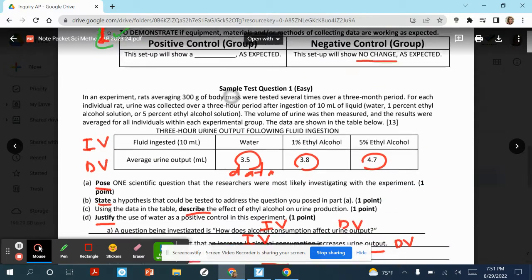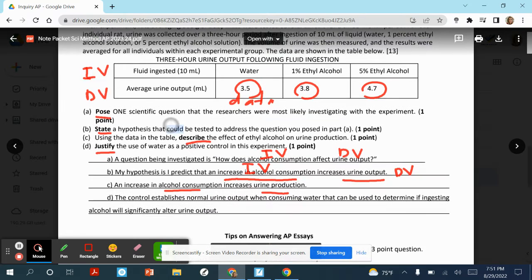So here's what I mean by that. If we go down and look at the answer here, it states that the control establishes my normal urine output when consuming water. Okay, so we are making this very specific to the information that is in this experiment. So the control group, which would be the situation where we're giving water to the rats, is establishing what normal urine output is. So we can use this data to compare to the other ones to see if adding alcohol or changing alcohol consumption will affect the urine output.